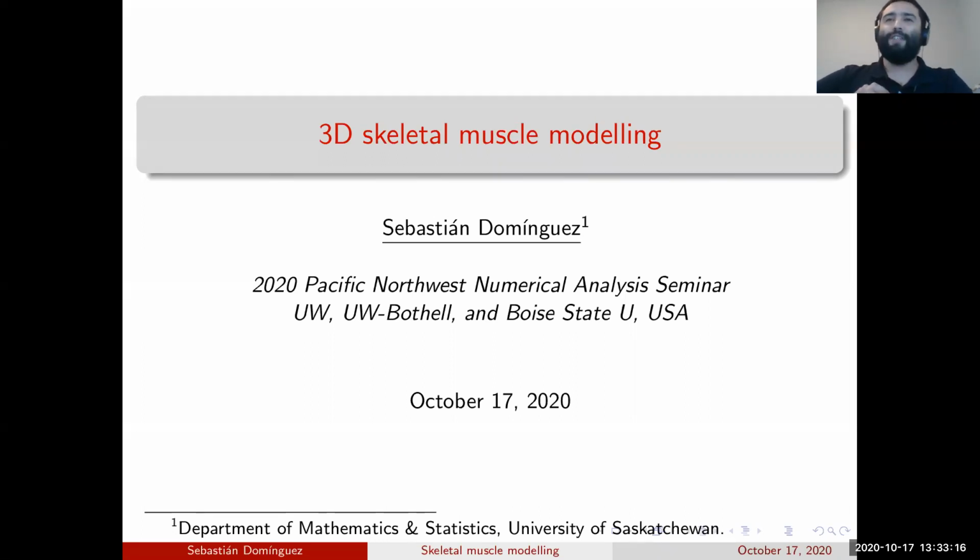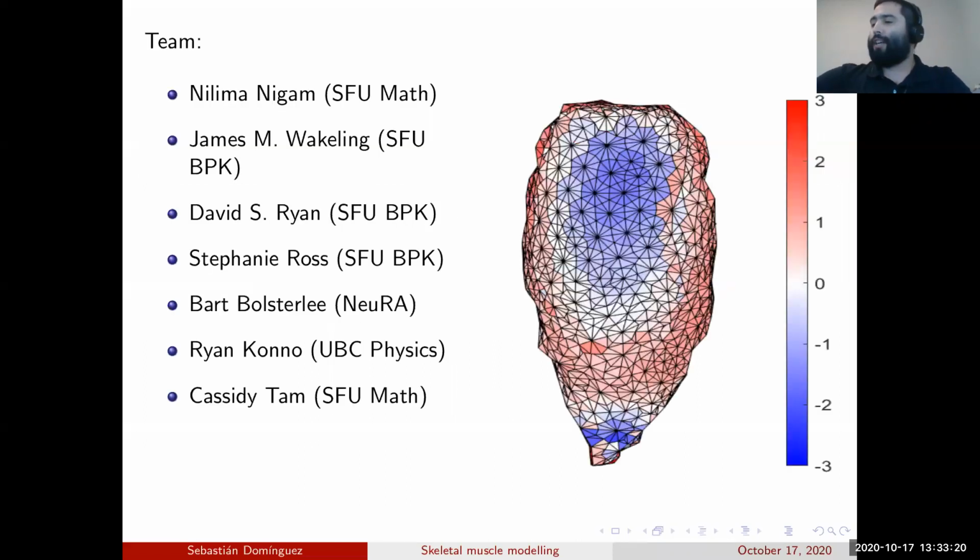So I will start talking about the team that I was working with back at SFU. Some of them were at SFU, some were not. First, my two supervisors were Neil Manigam in mathematics, whom maybe many of you know, and my co-supervisor in biomedical and physiology, James Wakeling.